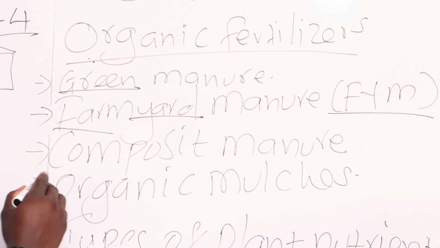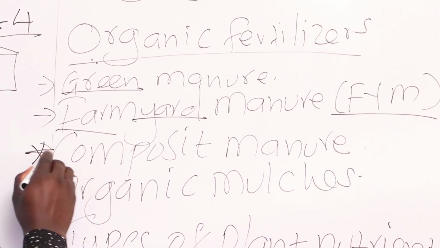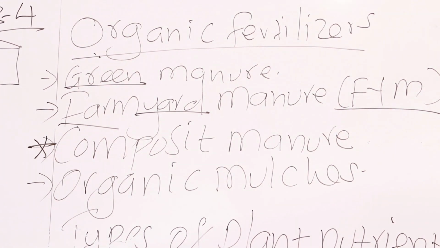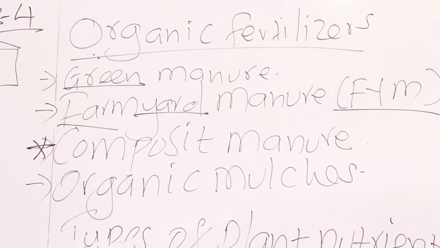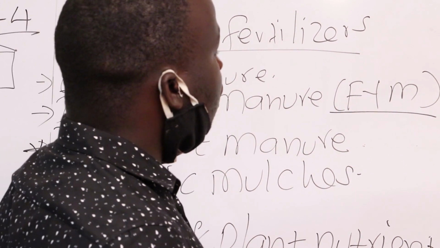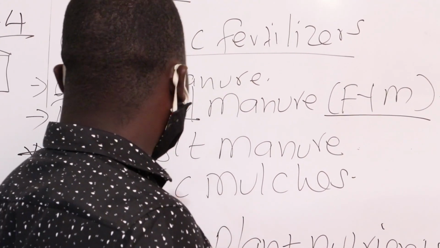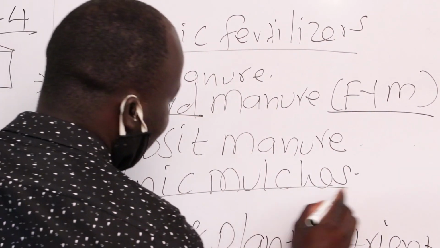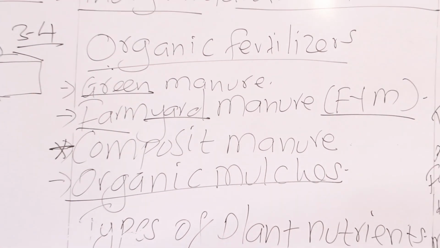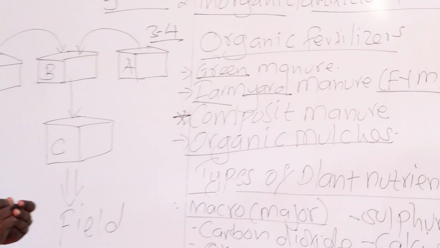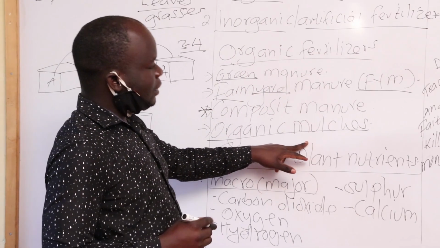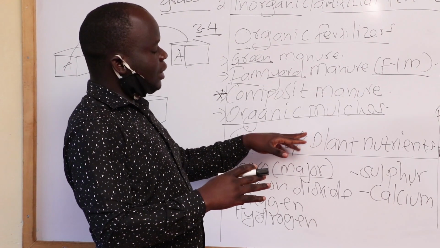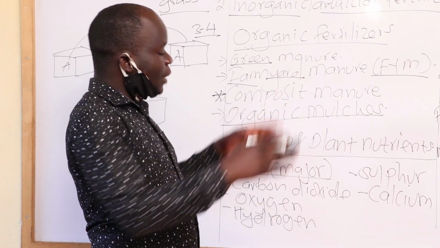Then we have what we call compost manure. This one is prepared. We are going to base our time on this compost manure. We prepare them. But before we go to compost manure, we have what we call organic mulches. Organic mulching is heaping organic materials such as grass or leaves around the plant.